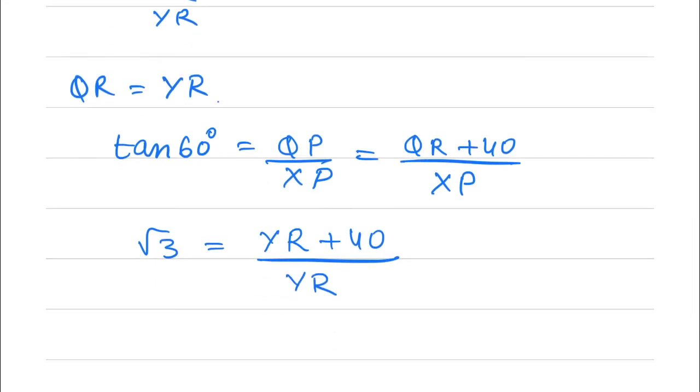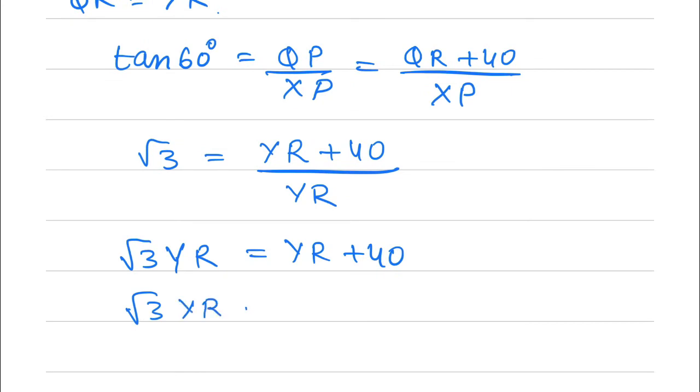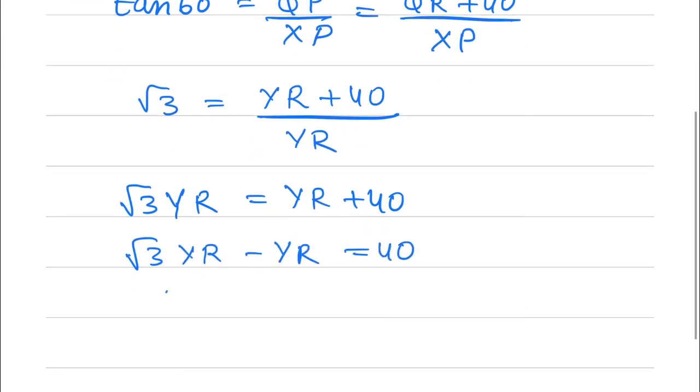So we have root 3 YR is equal to YR plus 40, root 3 YR minus YR is equal to 40. YR is common, so YR times root 3 minus 1 is equal to 40.